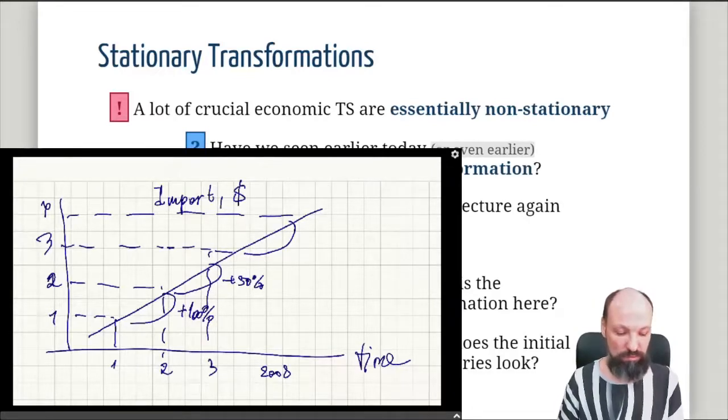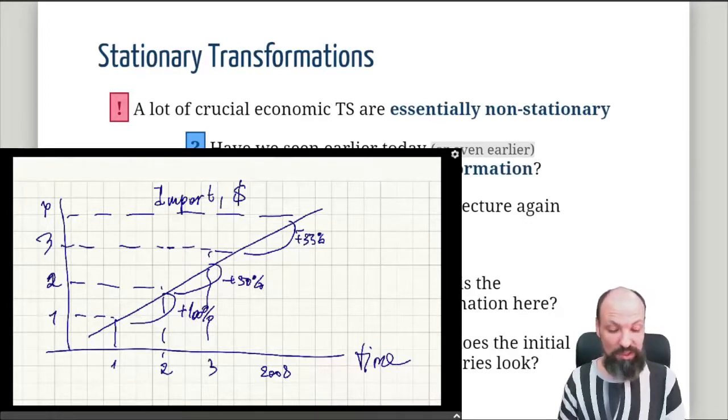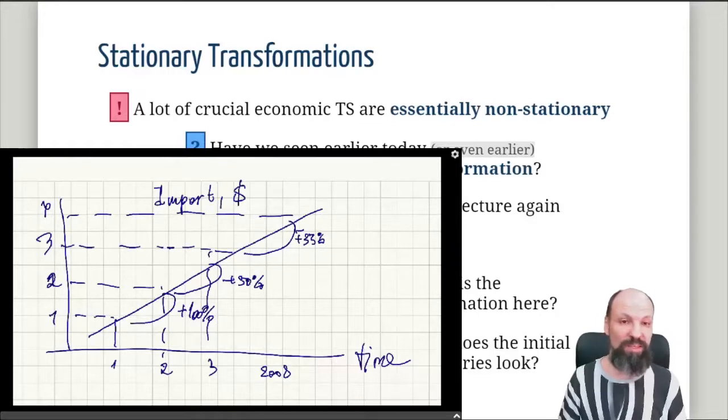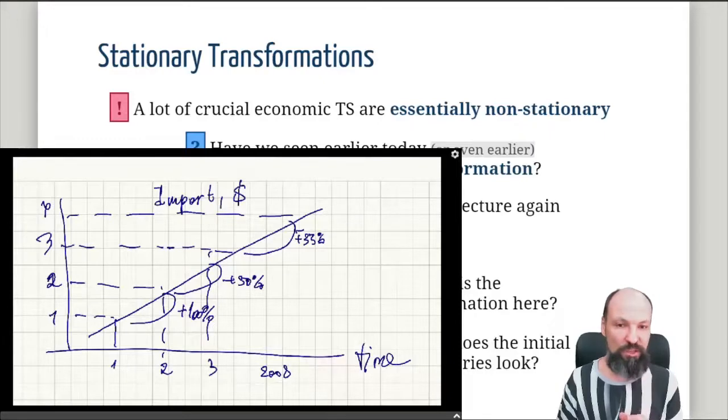Ну, 33%. Yeah, something approximately. So 1/3 and so on. So the percentage change of this type of growth would be declining because the same absolute growth has less and less share in the accumulated value of the level.